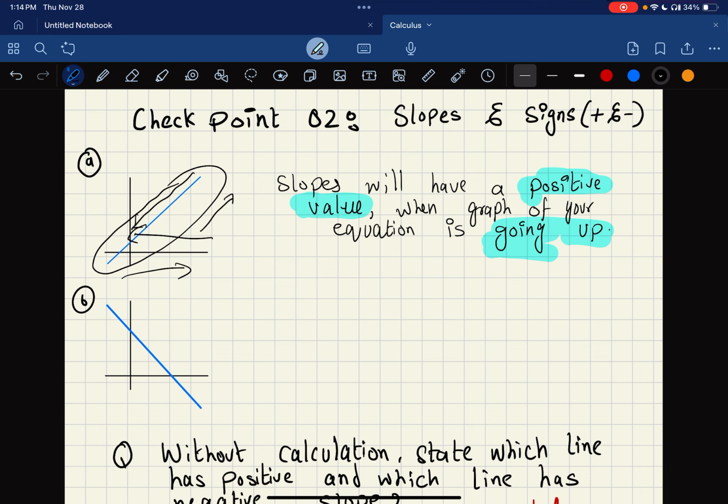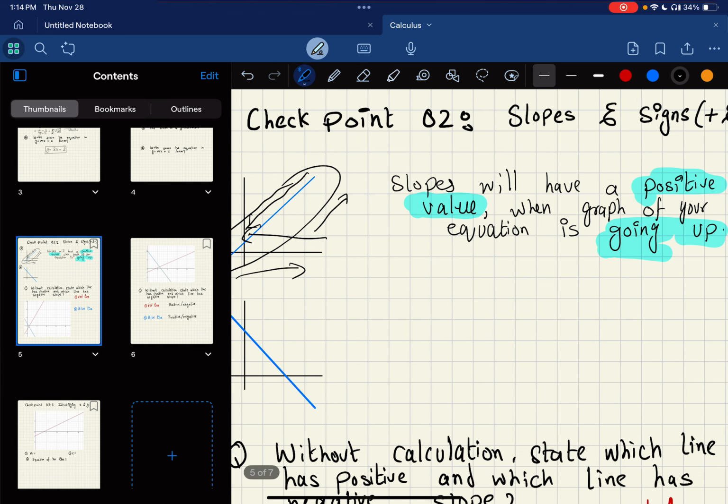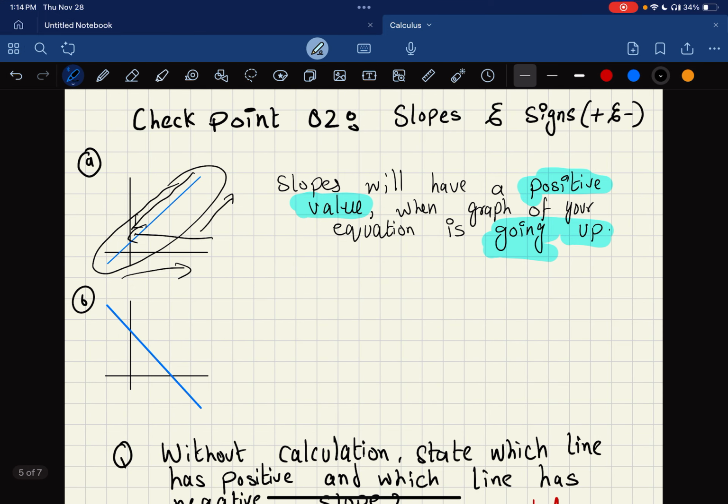So you are supposed to look at this line from left to right, not from right to left, because that's the direction in which the x values are increasing. If it is going up, then the slope is meant to be positive. Okay, so that's an important visual connection that you need to make.